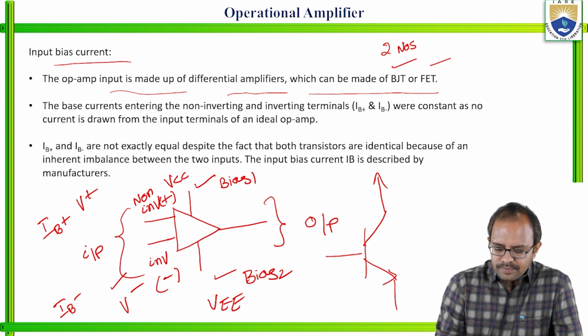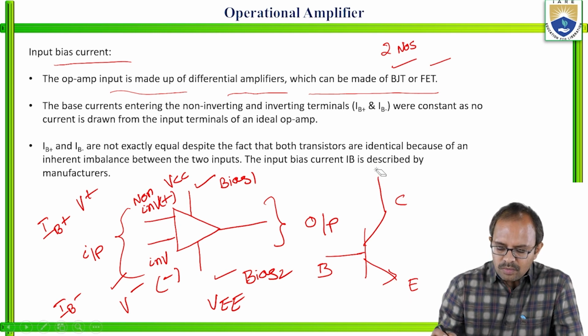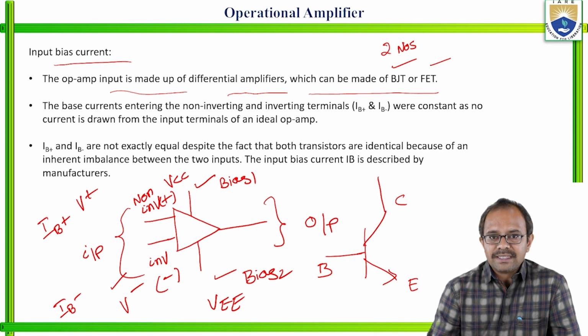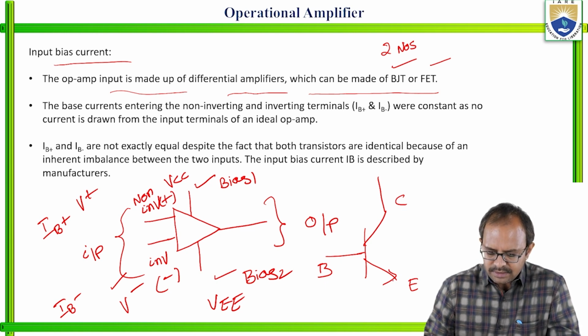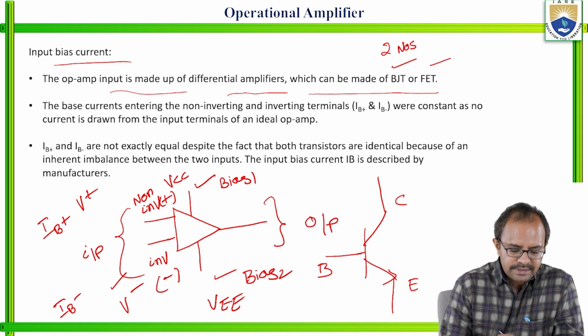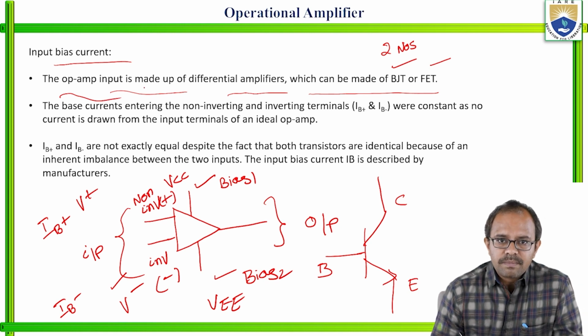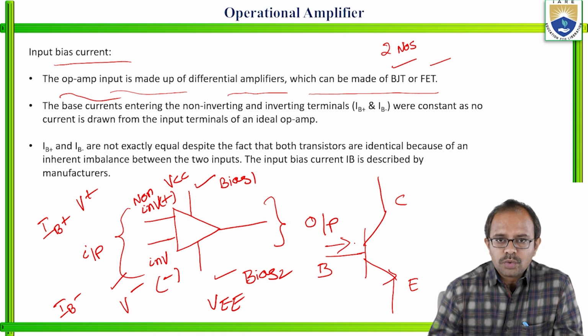One can say this is your base, this is the collector, and this is your emitter, right? These are the three terminals of the transistor, and here we are saying the base. Now we are going to specify the current, which is nothing but the base current. What does it mean? This is the current through the base terminal.